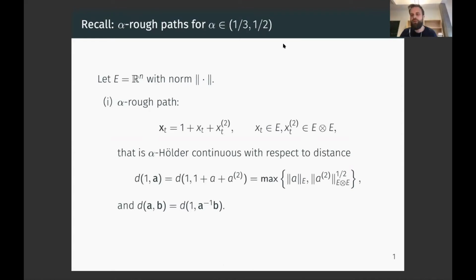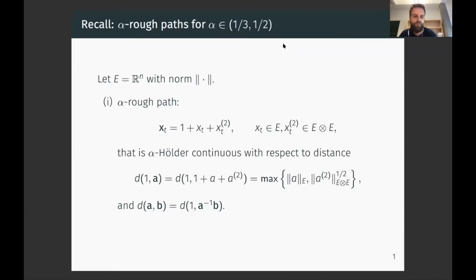Let me recall some definitions and showcase the notation I'm using. If we have a finite dimensional space, an alpha Hilbert rough path is a curve in the truncated tensor algebra. I will always have alpha between a third and a half, so I stop at step 2.